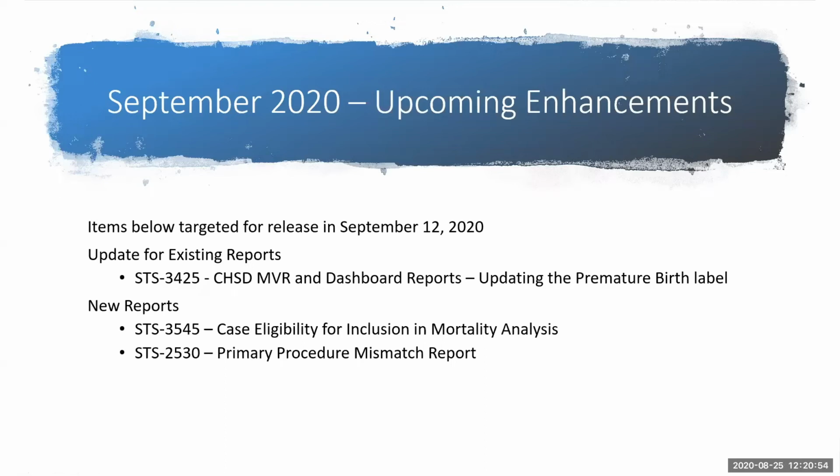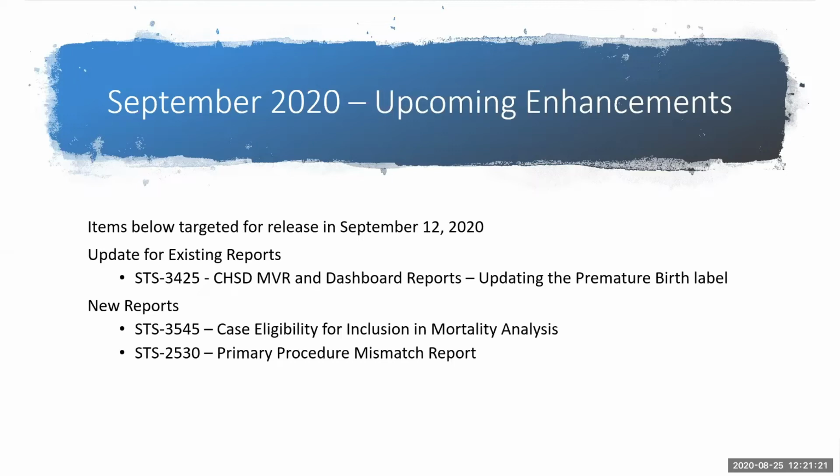Good afternoon. So also in September, we do have some targeted updates that will occur on September the 12th, that weekend. We have an update for the MBR and the dashboard that's just related to an update to the premature birth label. So it will be specific in regards to indicating that it's for neonates and infants.